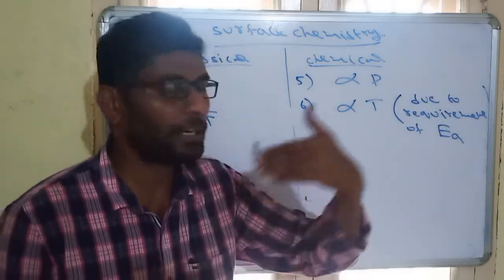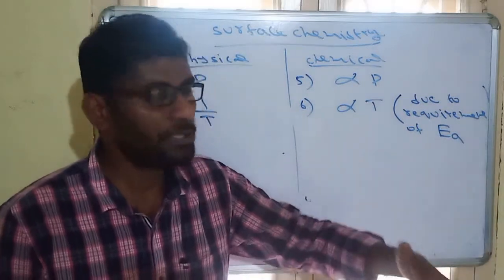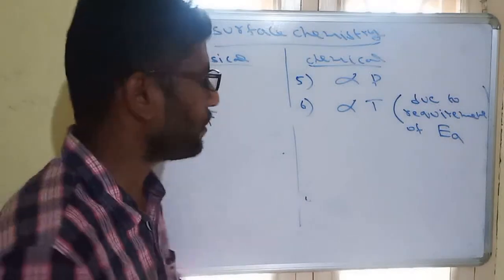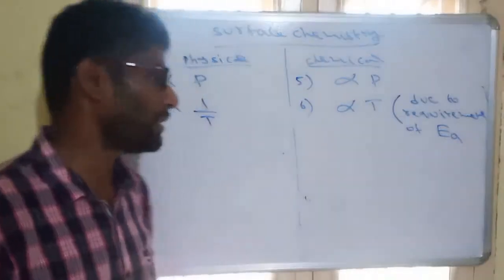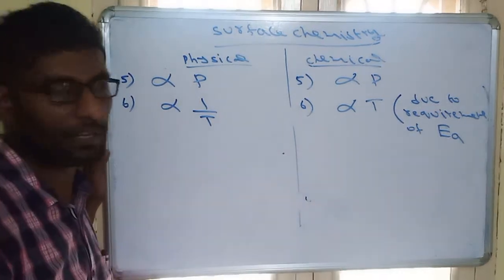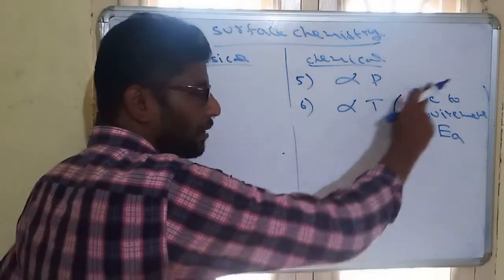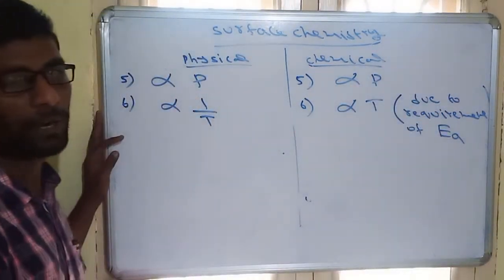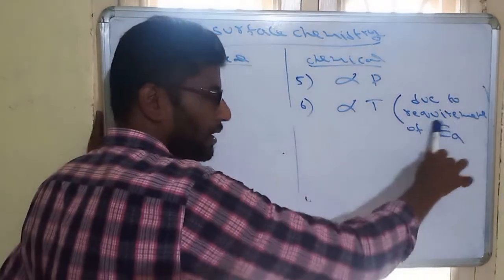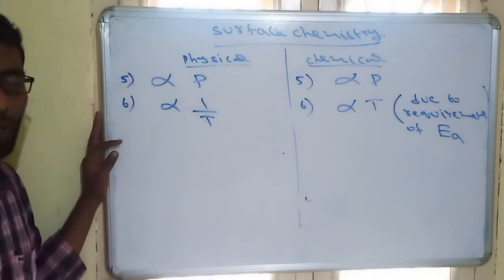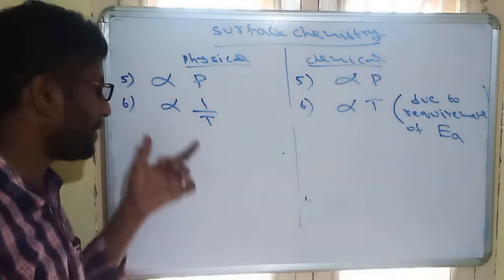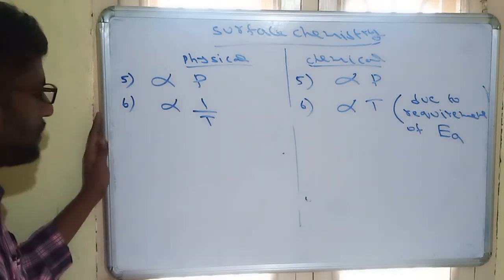When we increase temperature, they can easily get activation energy and easily produce the product. So adsorption will be high. That is important. In physical adsorption, no activation energy is required. But in chemical adsorption, some activation energy is always required. In the chemical kinetics chapter, we studied that in any chemical reaction, some activation energy is required. So that's why chemical adsorption is directly related to temperature, and physical adsorption is inversely related to temperature.